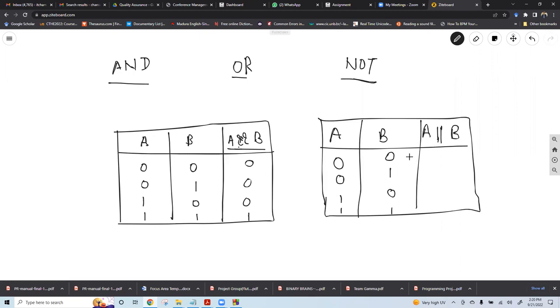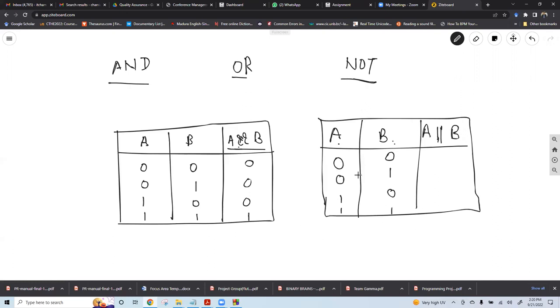Or operation is false only when both operands are false. This one or this one.